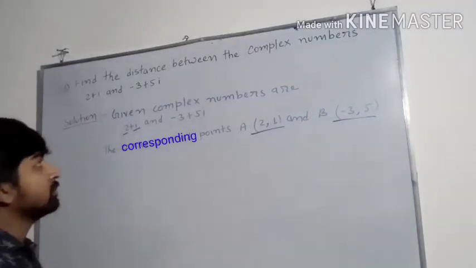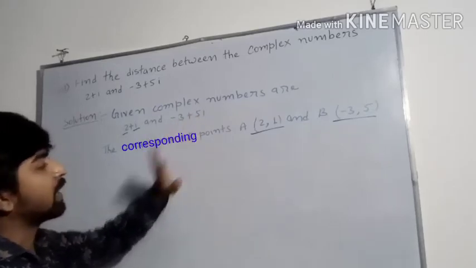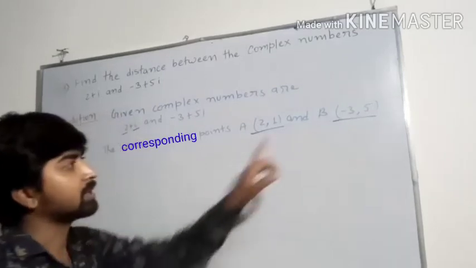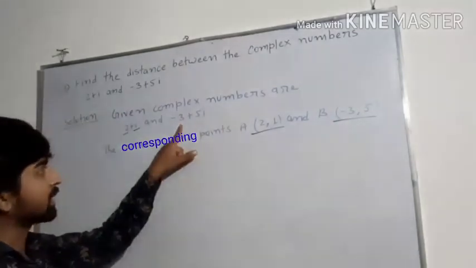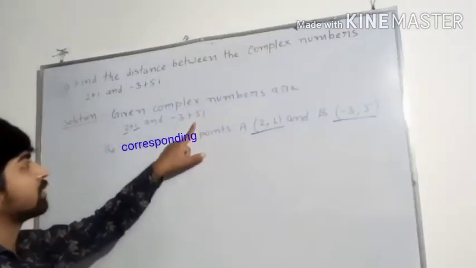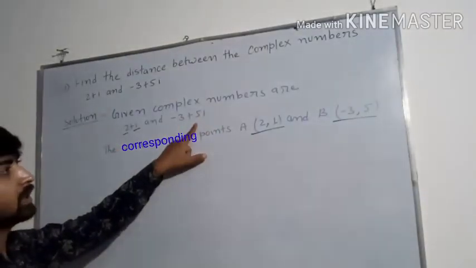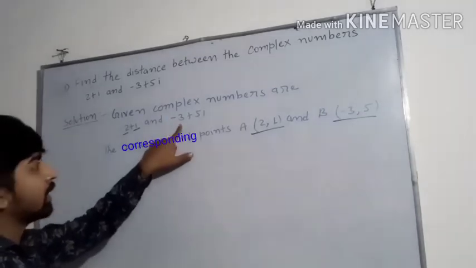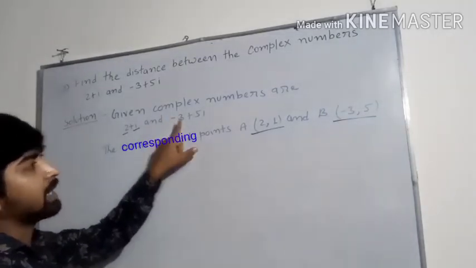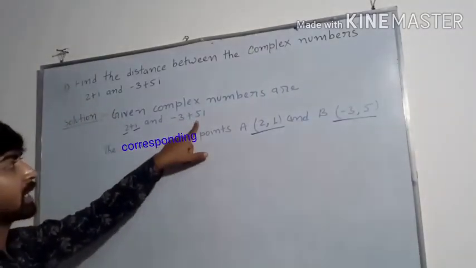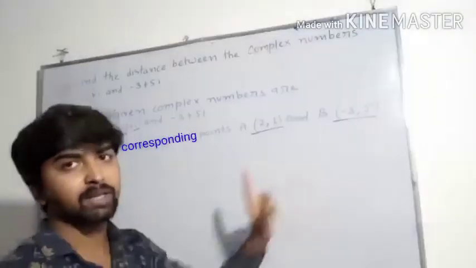Again, for minus 3 plus 5i, we can write the point (-3, 5). Minus 3 is the real part of the given complex number minus 3 plus 5i, and 5 is the imaginary part of this complex number. So we can easily write the real part of the complex number as the x coordinate and the imaginary part as the y coordinate.